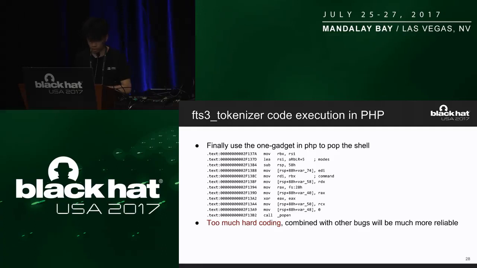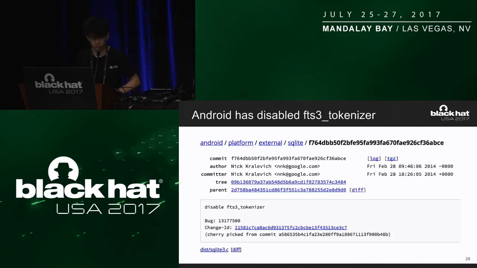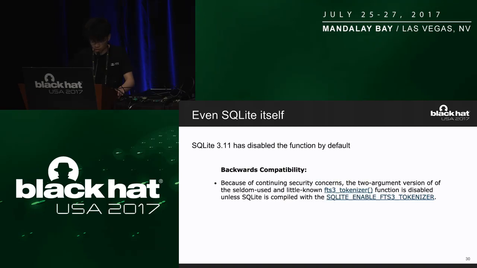Now we are talking about the reactions of the other vendors. Actually, Android has a custom branch of SQLite. The Android team had noticed the risk of the FTS3 tokenizer, and they disabled it 3 years ago. It happened before the report of the previous bug. And the developers of SQLite also noticed the risk of the tokenizer.